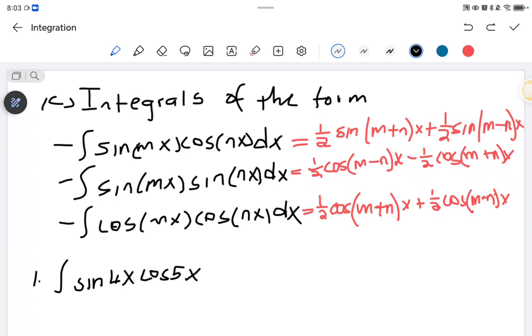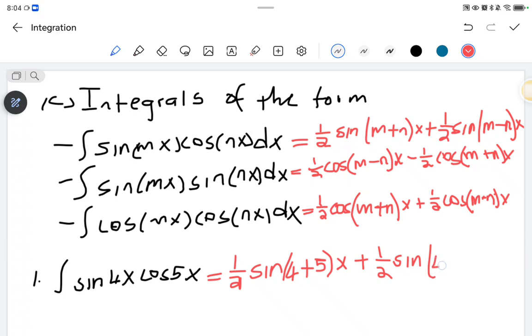It means the identity we're going to have will be 1 over 2 sine of (m plus n)x, where m is equal to 4 and n is equal to 5, so sine of 9x, plus 1 over 2 sine of (4 minus 5)x.